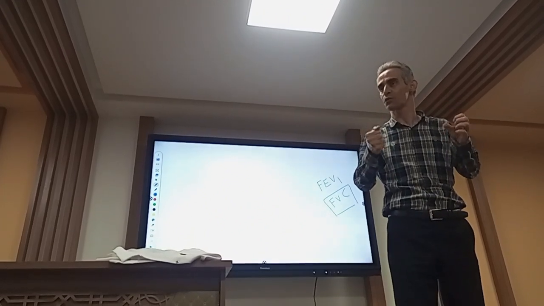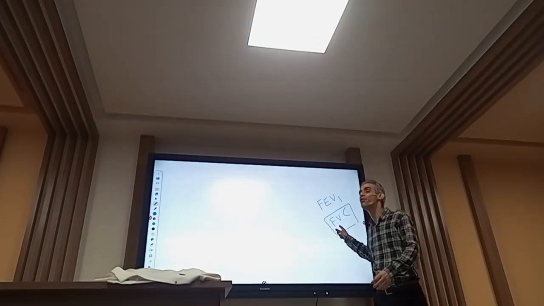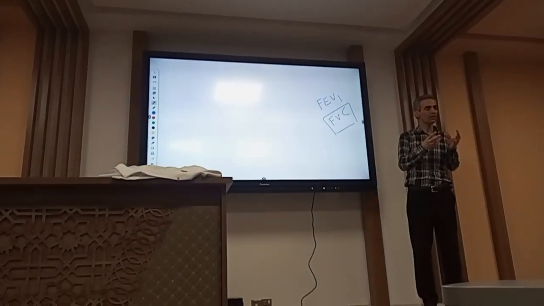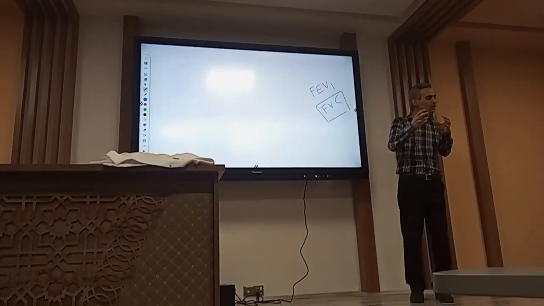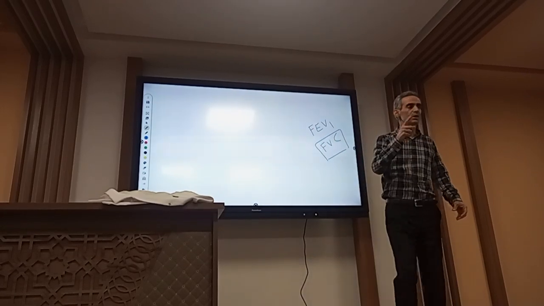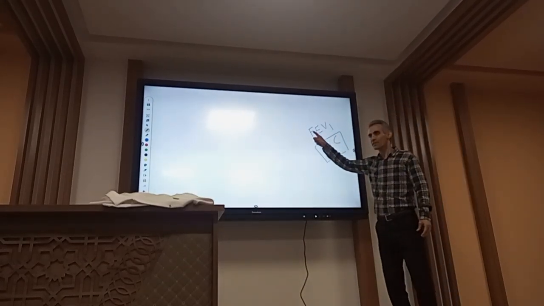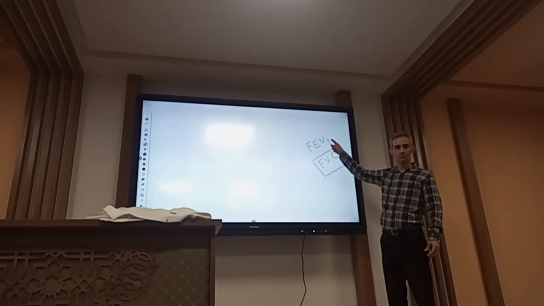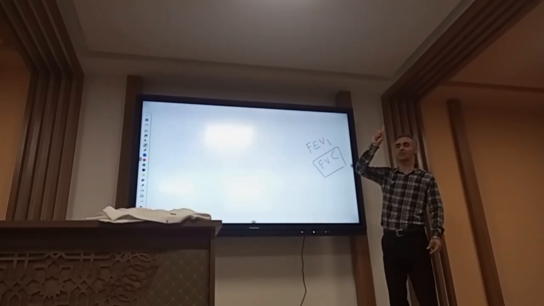This type of vital capacity is named forced vital capacity. The forced vital capacity amount is the same as the vital capacity. But what is the FEV1? It's the forced expiratory volume in the first second.